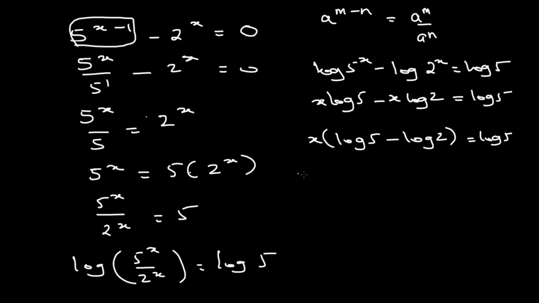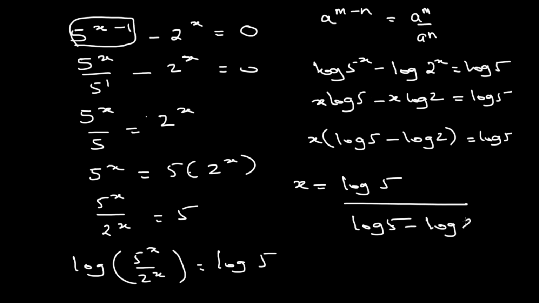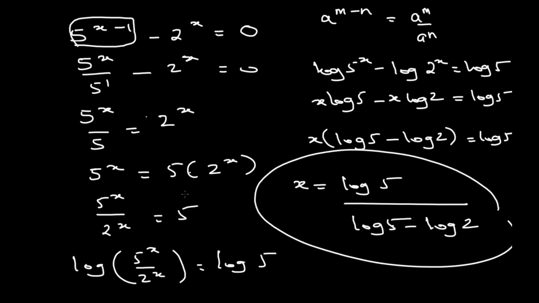So now I can divide both sides to give me x is equal to log 5 over log 5 minus log 2.